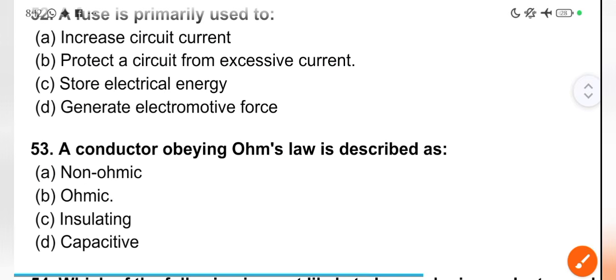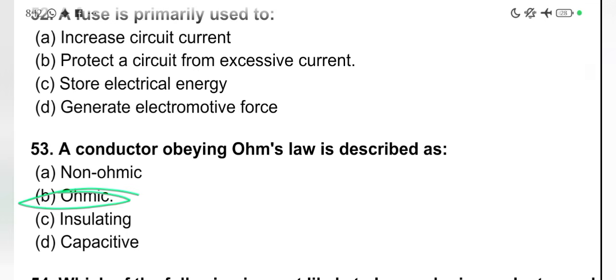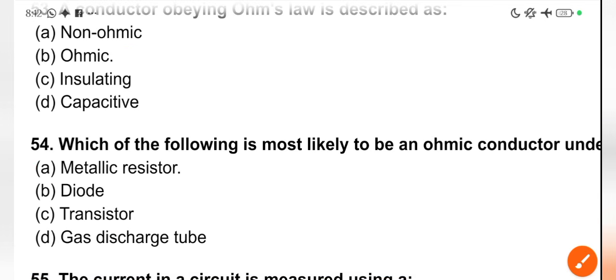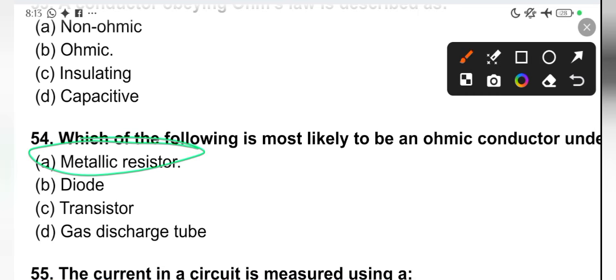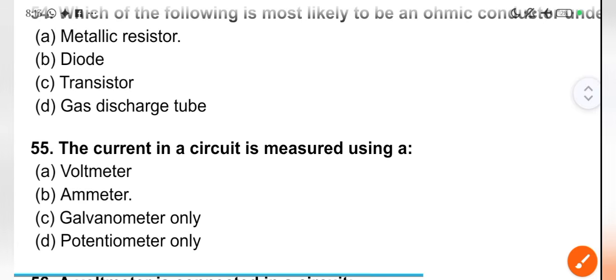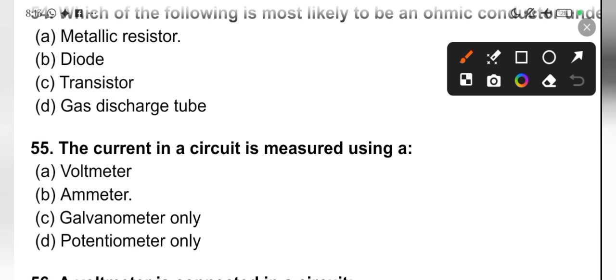Alright, a conductor obeying Ohm's law is described as an ohmic conductor. Which of the following is most likely to be an ohmic conductor under suitable conditions? Of course, you have the metallic resistor. 55. The current in a circuit is measured using an ammeter.